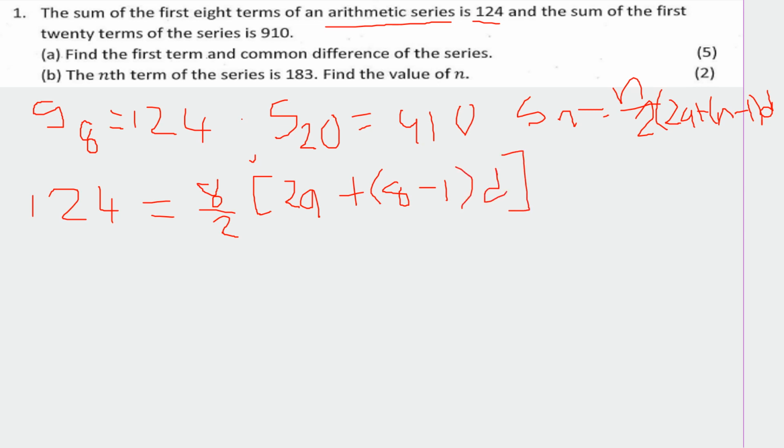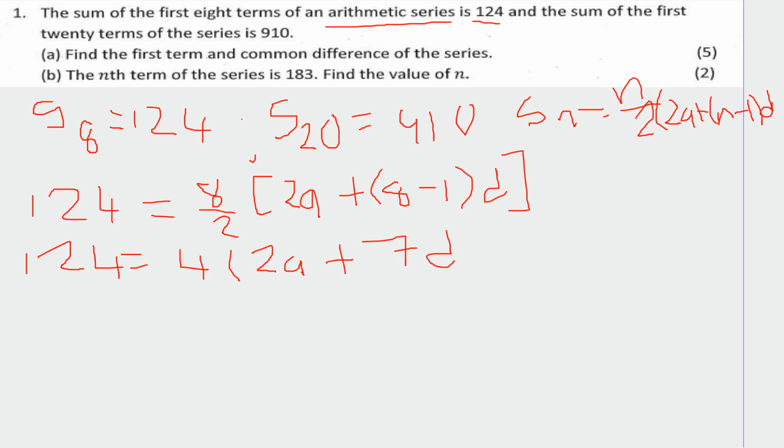So now our equation will simplify to be 124 equals to, this here will be 4, and then we will have 2a, then 8 minus 1 multiplied by d. It's going to be plus 7d, because 8 minus 1 is 7 multiplied by d.